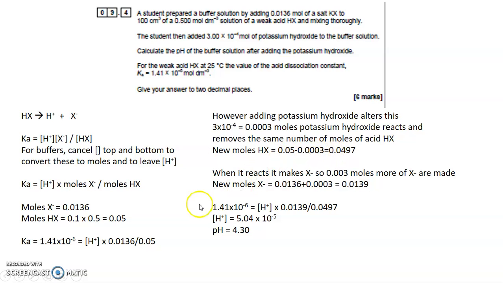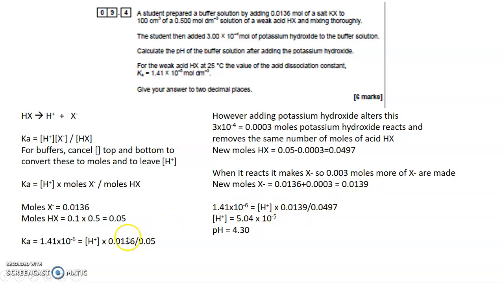So my new value instead of 0.05 is now 0.0497. And when the acid, the HX, reacts with the potassium hydroxide, it makes salt, it makes X−. So that goes up by 0.0003 as 0.0003 moles of salt X− are made. So that goes up to 0.0139.